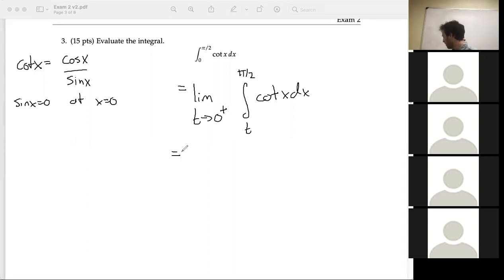And for a second, I'm blanking on what the integral of cotangent is, but this is the formula sheet from last exam, which will also be on this exam. So we know that we can integrate cotangent, and I'm going to look it up to make sure I get it right.